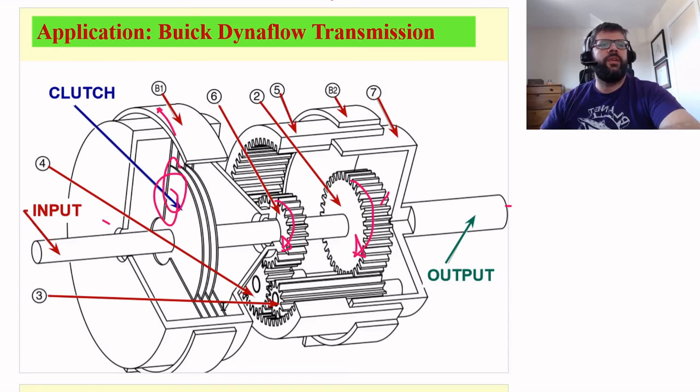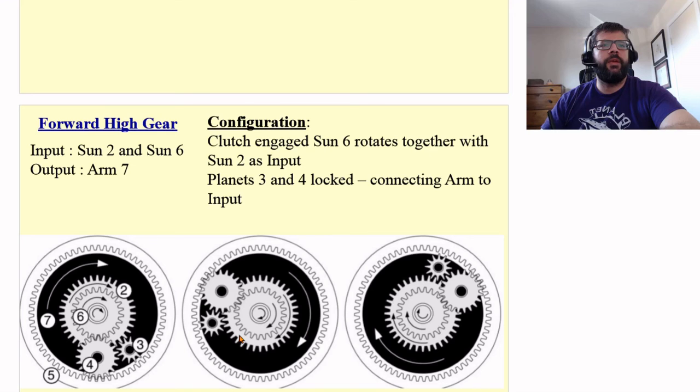So if those two things are rotating at the same speed, then this is rotating this way, this is rotating this way. Then that means that we're going to get this thing rotating this way, and this thing wanting to rotate that way.